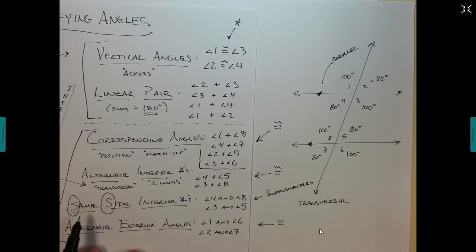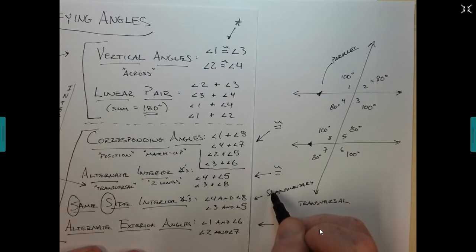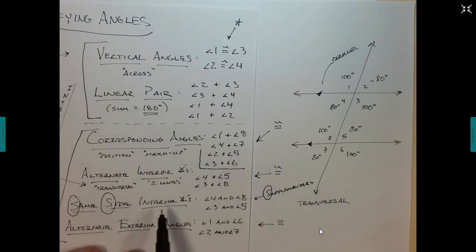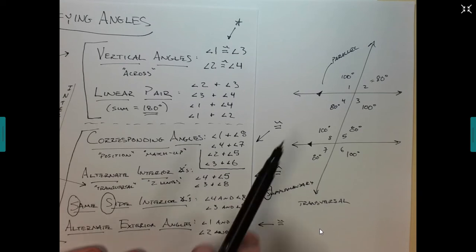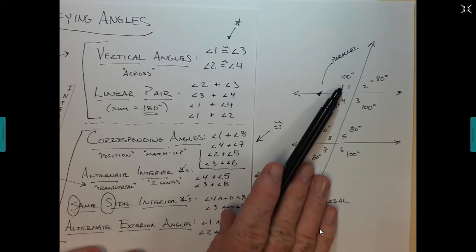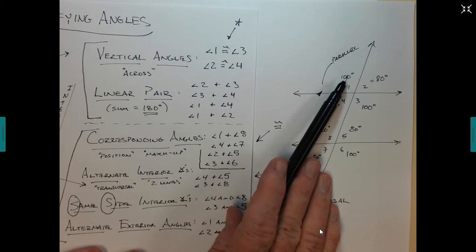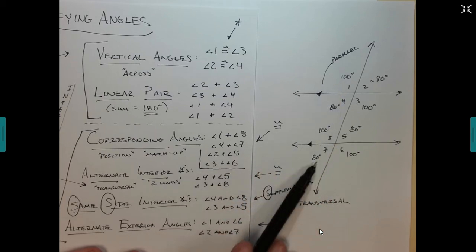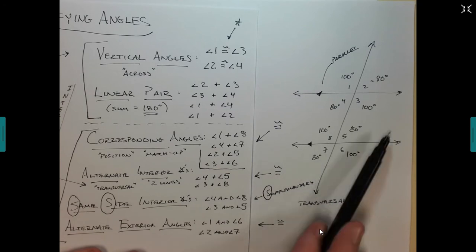It's the one that starts with the S's. We've got some alliteration going on here. That not only works for same side interior angles, but also works for the same side exterior angles. You see 1 is exterior and on the left side of the transversal. 7 is also exterior on the same side. They're also 180 degrees. So this means if I know one angle anywhere in this group of 8, I can actually find all 8.